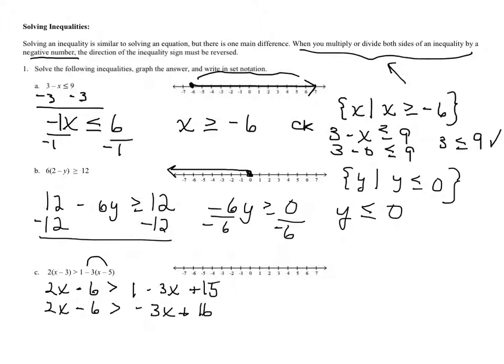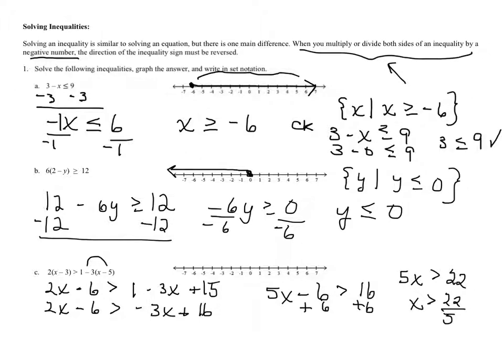So I'm going to add 3x to both sides. So I'm going to get 5x minus 6 is greater than 16. So I'm going to add 6 to both sides. So we're going to have 5x is greater than 22. So x is greater than 22 fifths.